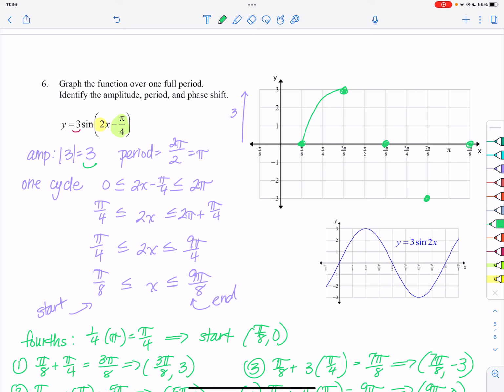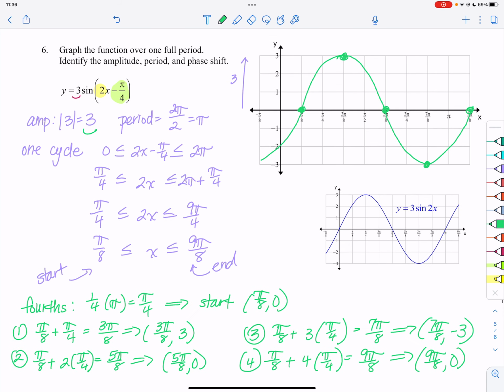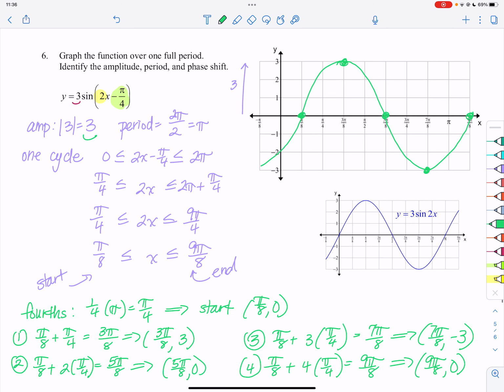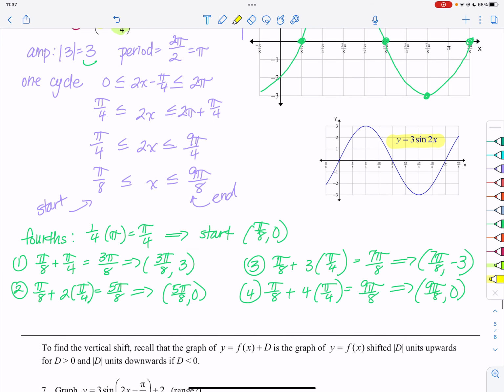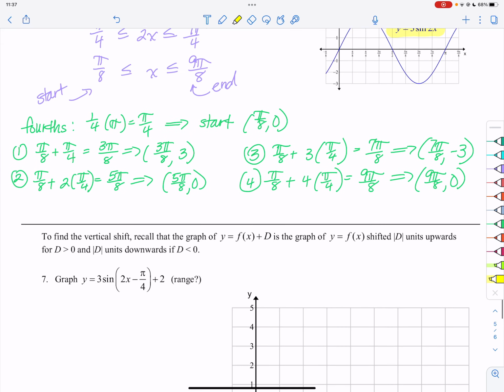And it actually comes down like this. And then we come around like that. Okay. And you can see the graph here. I think this was nice to have. y equals 3 times the sine of 2x without that minus pi over 4.